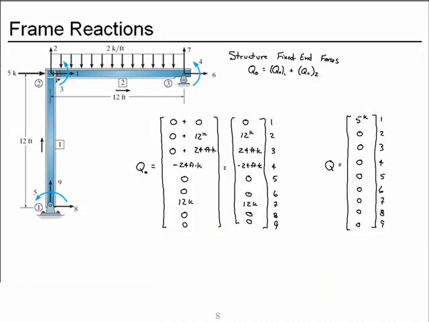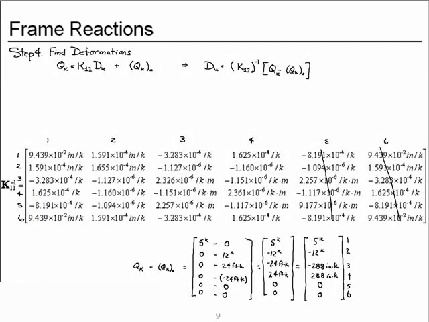We then compiled the fixed end forces from member 1 and 2 to obtain the fixed end forces for the structure. And we also compiled capital Q, which is the applied loads to the structure. We then found the deformations by using the inverse of the K11 matrix.